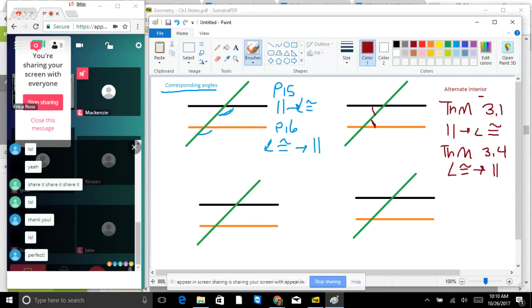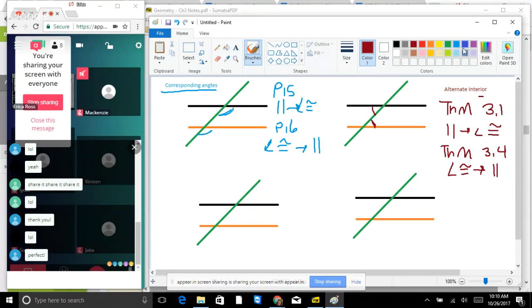All right, so if you have a problem and they tell you that the 2 brownish tannish colors are congruent to each other, right, then we can say that the black and the orange lines are parallel because of theorem 3.4. All right, or if I tell you that the black and the orange lines are parallel, then you could tell me that the 2 brownish color angles are congruent to each other. Okay.